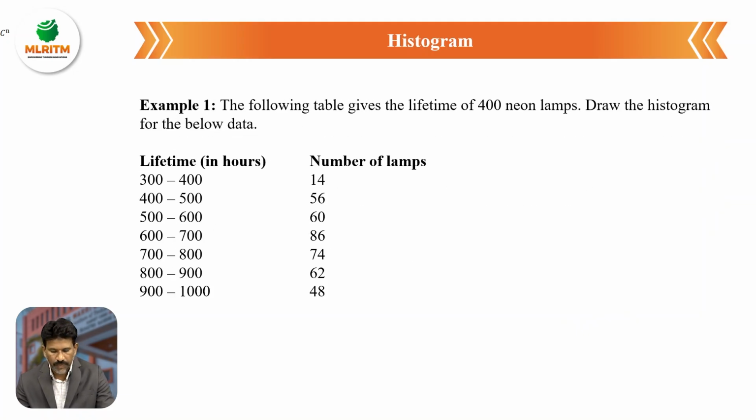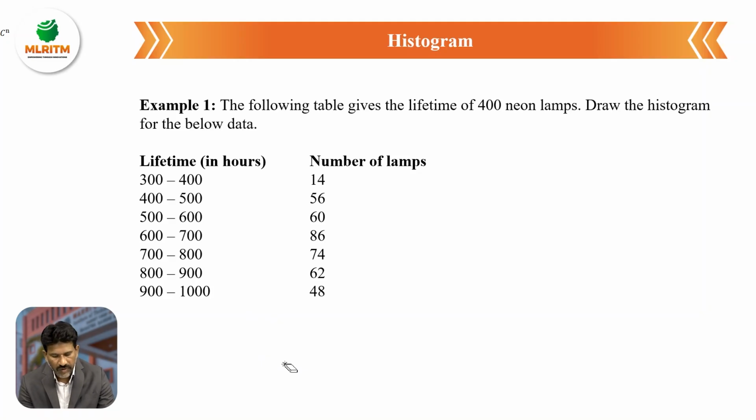The first example is the following table, the lifetime of lamps. Here neon lamps are presented, and using them we'll draw the histogram. There are two fields: the first is the lifetime of the neon lamp, and the second is the number of lamps. Using this table, we'll draw the histogram.